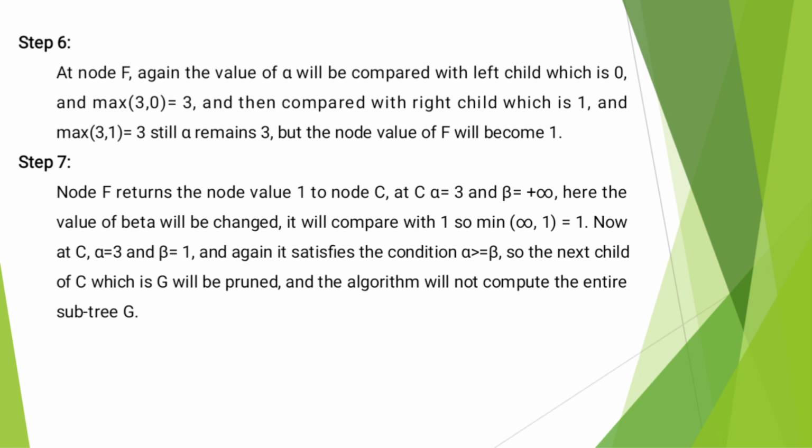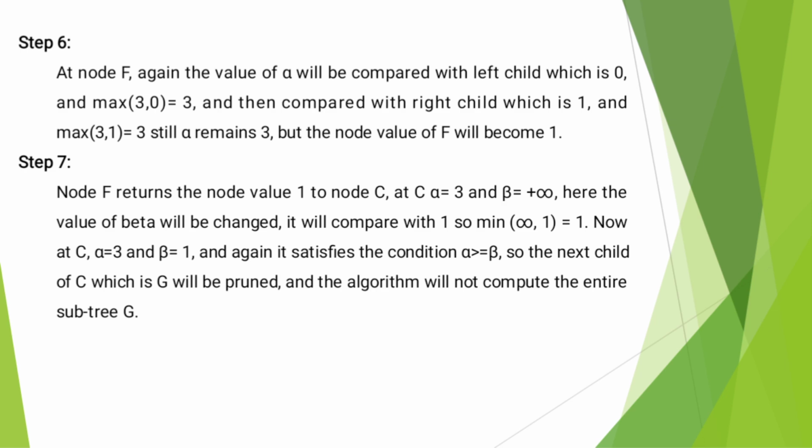Still alpha remains 3, but the node value of F will become 1. Then node F returns the node value 1 to node C.